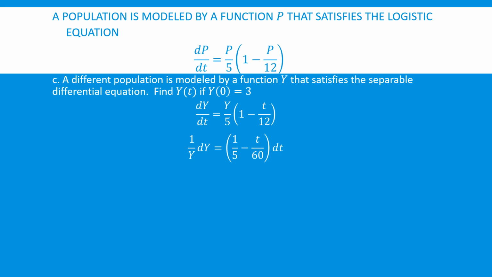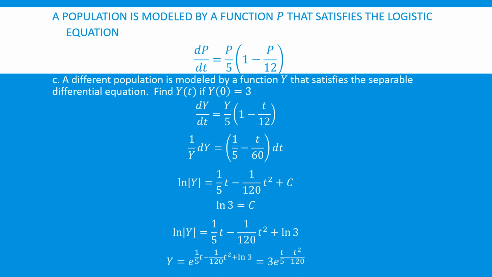I distribute my 1/5 back in. I literally integrated both sides. And then I plugged in my initial condition, and I got c equals 3. And then I put that c value into my equation again. Lastly, to get rid of the ln, I e both sides, and I understand that the part with the ln 3 could really just come to the front.